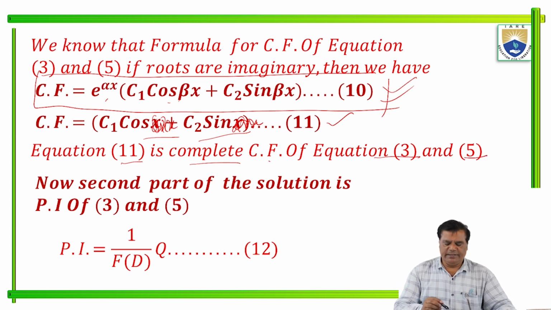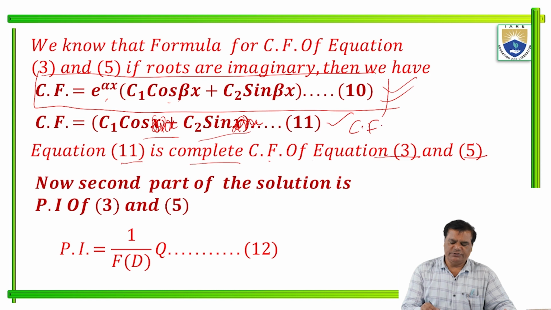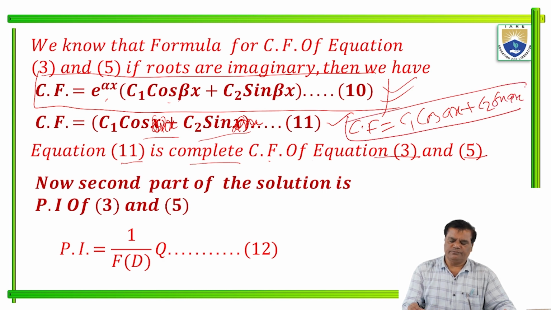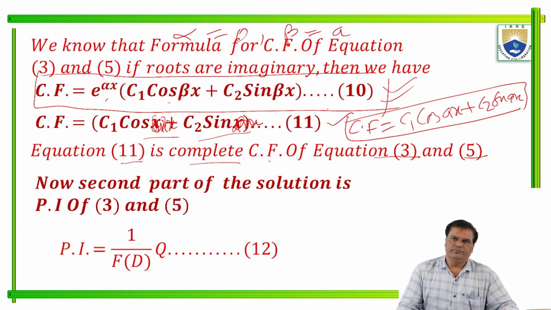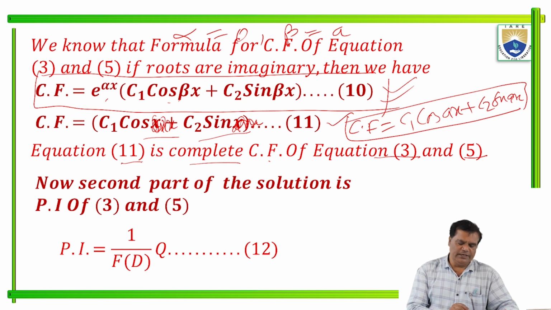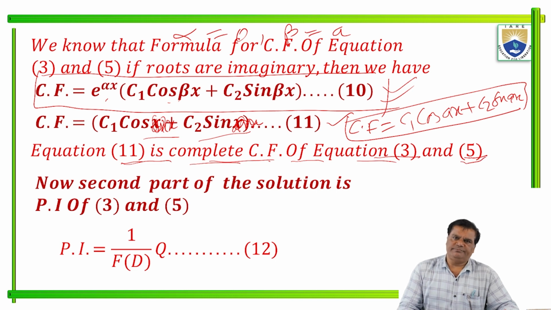CF equal to c1 cos ax plus c2 sin ax, because alpha is 0 and beta is a. Putting these values here, we get the complete solution. Equation 11 is the complete complementary function of equations 3 and 5.